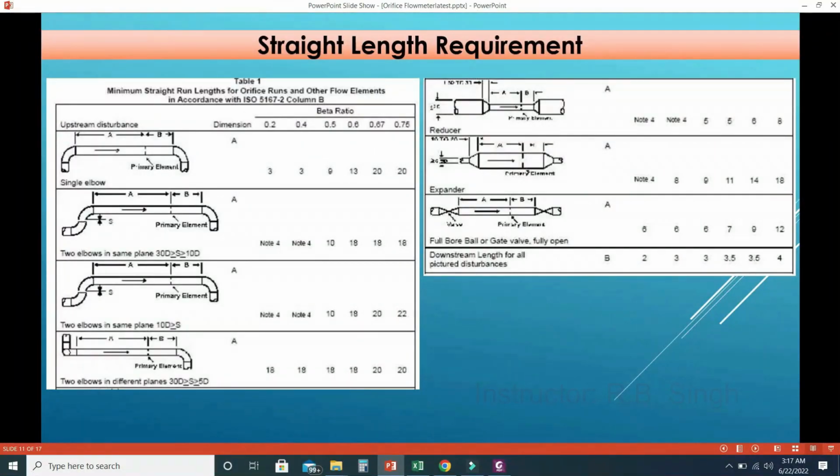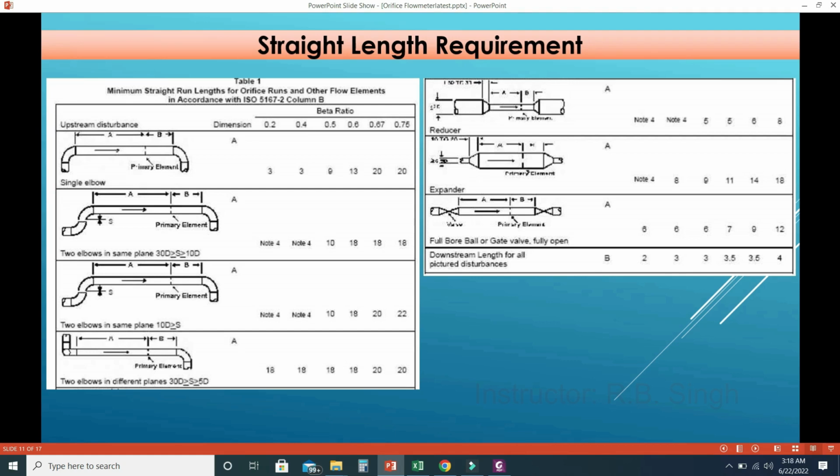This is the straight length requirement as per ISO 5167-2. So you can see these are the conditions, like two elbows can be on the same plane. This is the orifice plate, and you can see this is the orifice bore. So if two single elbows are on the same plane, what will be the upstream straight length requirement and what will be the downstream straight length requirement?